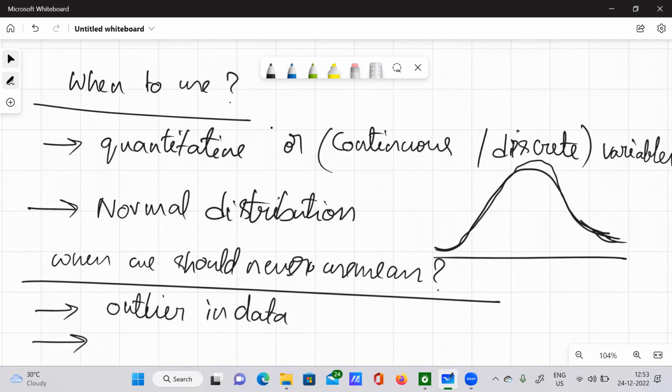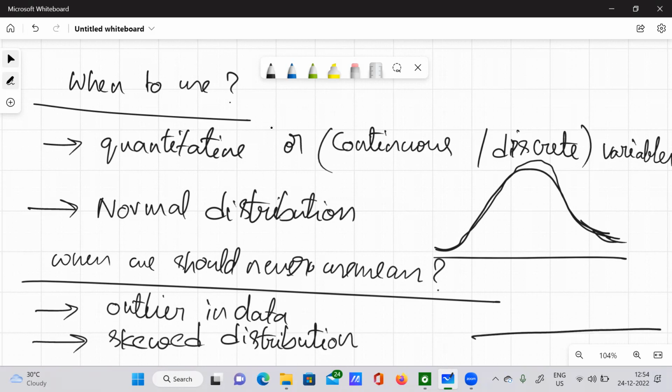And if I say outlier in the data, that also means we should never use mean on skewed distributions. On skewed distributions, you would never use it. What do you mean by skewed distribution? Again, this is a huge concept. I'll explain in the further videos, but for now, just imagine like this.